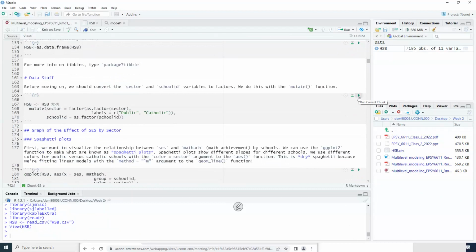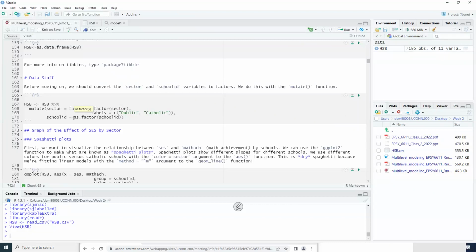The most important thing is that you have to tell R that your cluster variable, which here is school ID, but whatever it might be in your other data sets, is a factor. A factor is kind of like a categorical variable, but it can have many, many levels. We tend to think of categorical variables as dichotomous or trichotomous. In this case, we have 160 levels of this categorical variable.